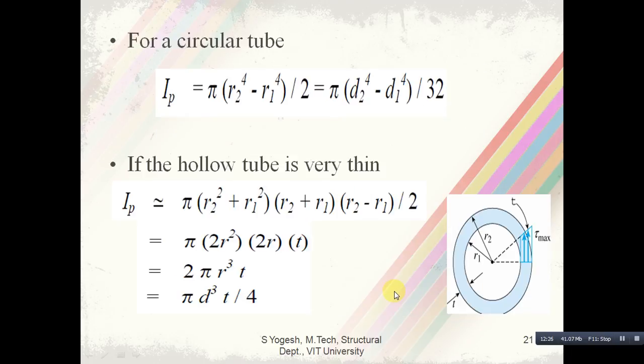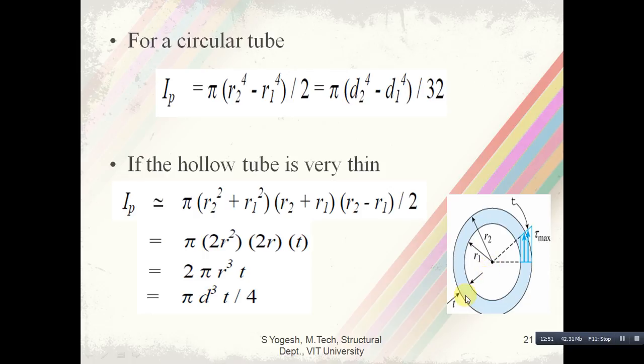For a circular tube, Ip is equal to pi by 2 into R2 to the power 4 minus R1 to the power 4, that is equal to pi into d2 to the power 4 minus d1 to the power 4 by 32.